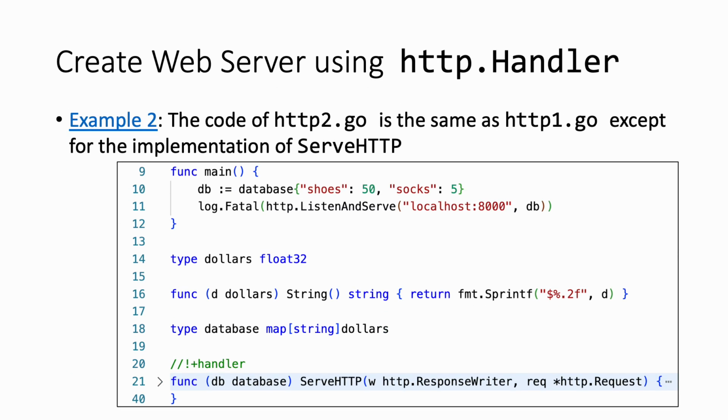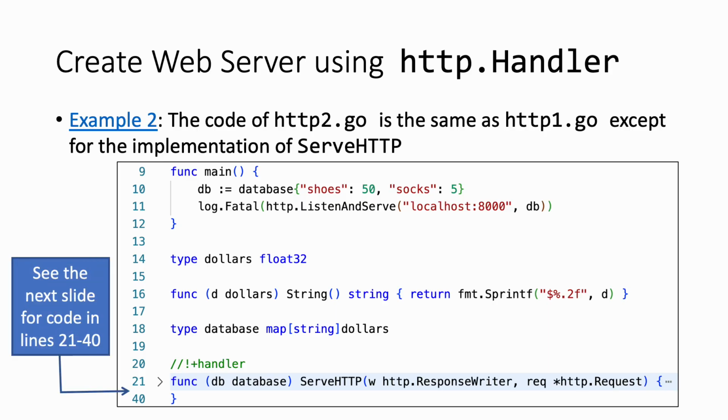The code of the http2.go program is the same as the http1.go program, except for the implementation of the serve HTTP method on a database.